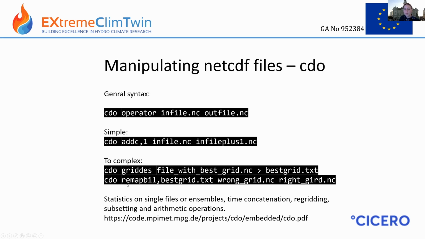In this case, it's a bilinear remapping, but there's regridding of various kinds that you can choose. Conservative remapping, for instance, and so on and so forth. So you can choose which one is the best for your purpose. And then you send in the destination grid that you want, you send in the file that had the wrong grid, and then you get a file on the right grid out.